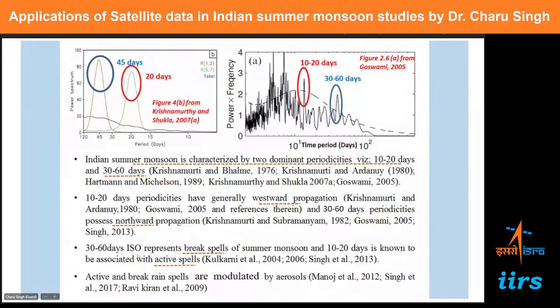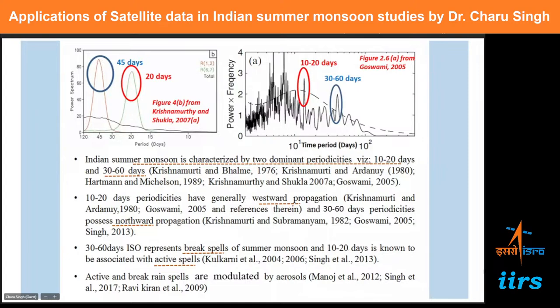And if we compare this 30 to 60 days variability of the summer monsoon rainfall with the break spell, you would find that the 30 to 60 days intra-seasonal oscillations basically represent the break spell of the summer monsoon, whereas 10 to 20 days variability is associated with the active spell of Indian summer monsoon.